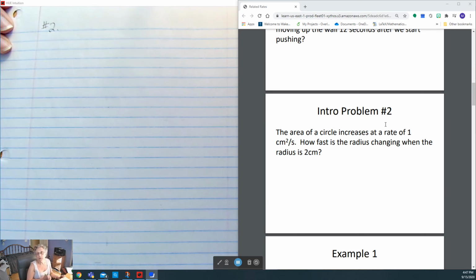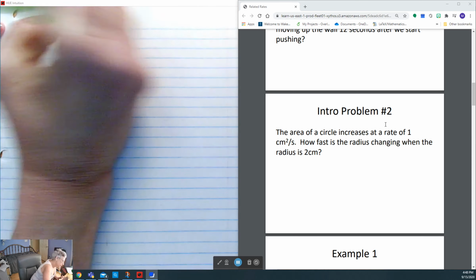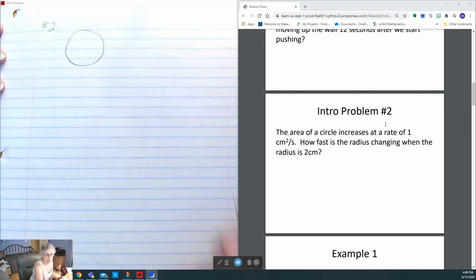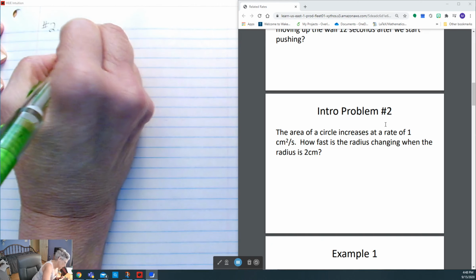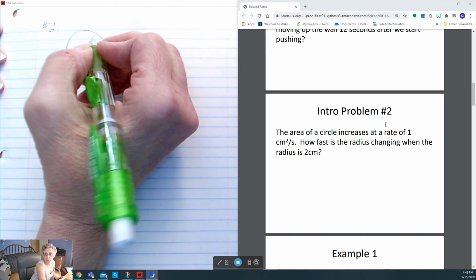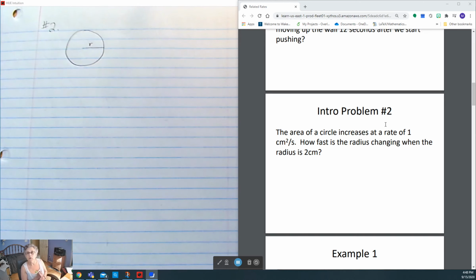The area of a circle increases at a rate of 1 centimeter squared per second. How fast is the radius changing when the radius is 2 centimeters? So even though it may seem silly, I'm drawing a circle. I'm labeling the radius, and the radius is changing.